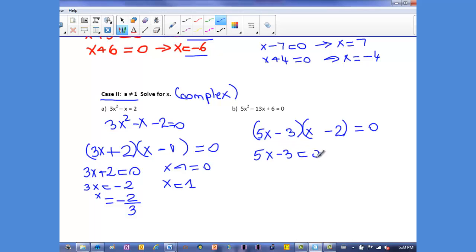So 5x minus 3 equals 0. 5x equals 3, or x equals 3 over 5. For that second bracket, if we have x minus 2 equal 0, x will equal 2. And 3 over 5 and 2 are the two possible roots of this quadratic equation.